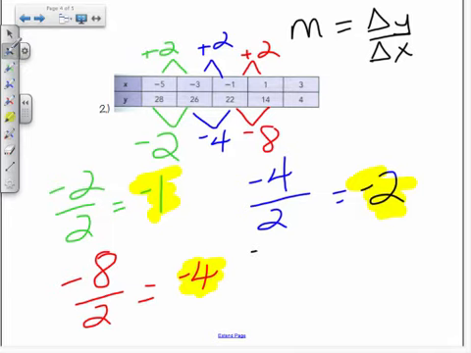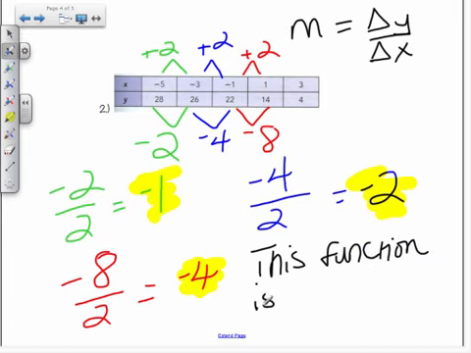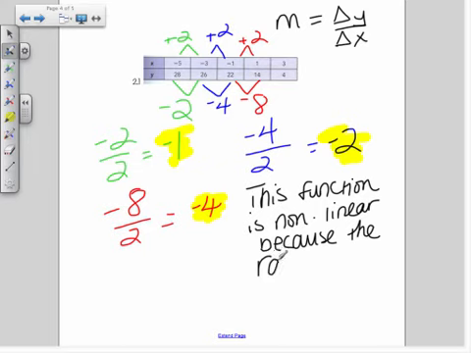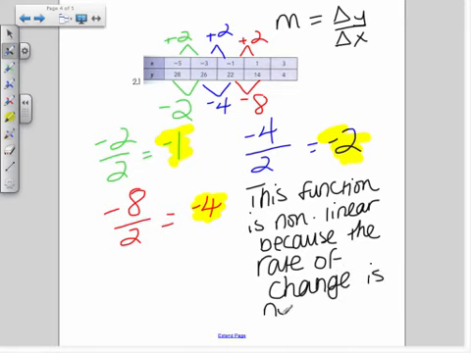So what we're going to say is this function is non-linear because the rate of change is not constant. Okay, and hopefully that will make sense to you.